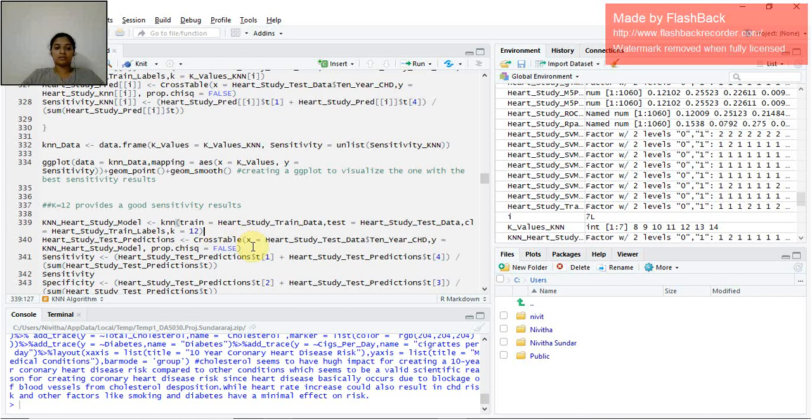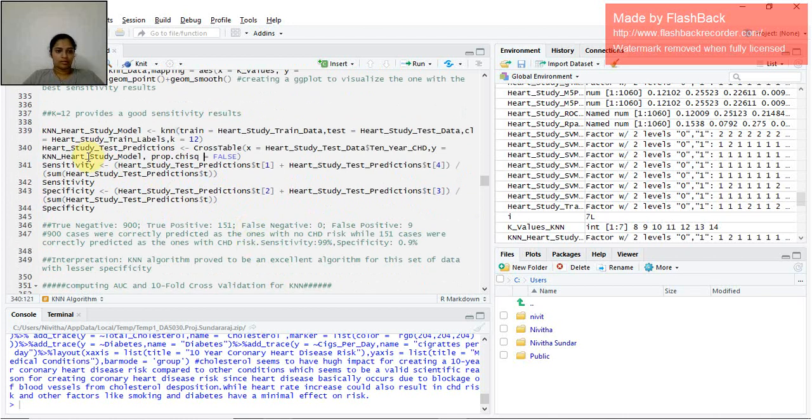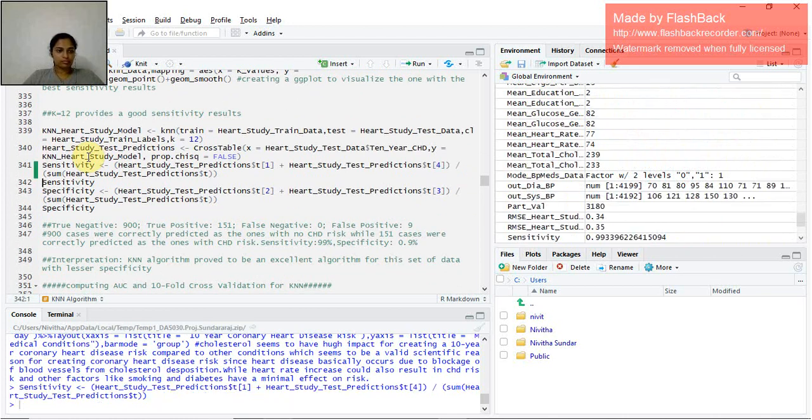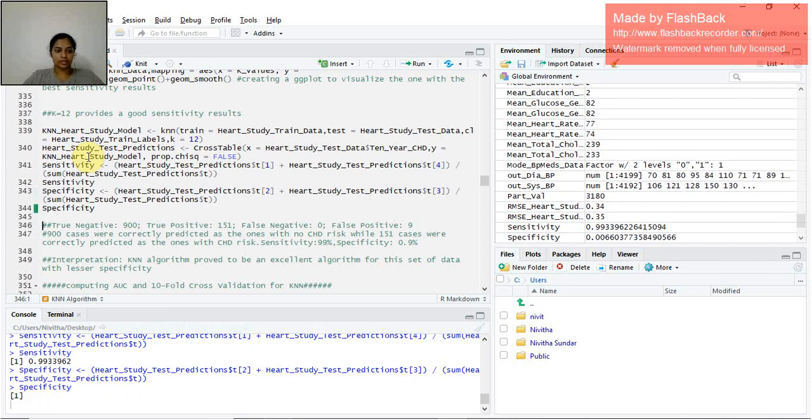A cross table was done, that is, an evaluation metric was performed on the testing data set to see how well the algorithm performed. Sensitivity and specificity were determined. The sensitivity was 99%, which is really high, and specificity was 66%.